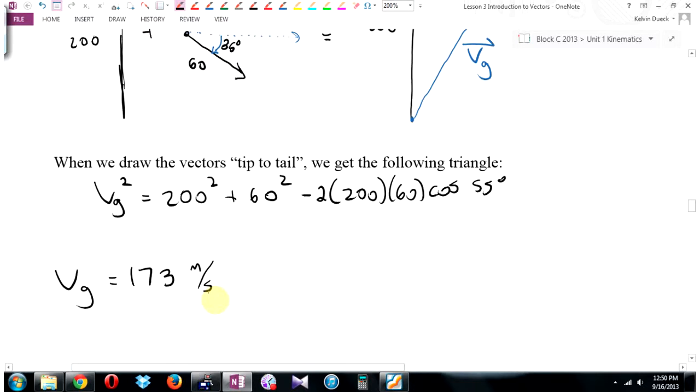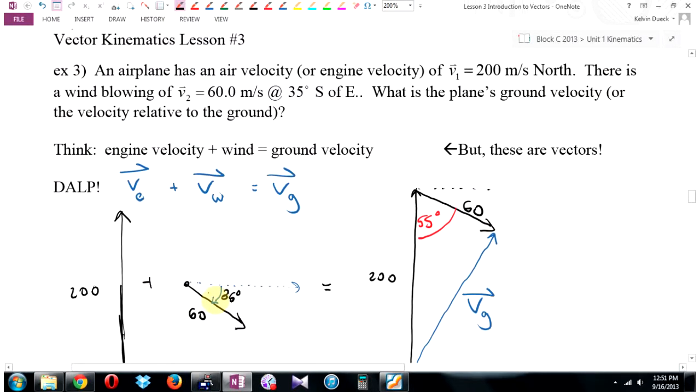Are we done? Did the question say find the magnitude of the ground velocity, or did it say both magnitude and direction? Well, it asked for the velocity, not the speed. So I think they want me to give also the direction. You okay, Josh? Yep.